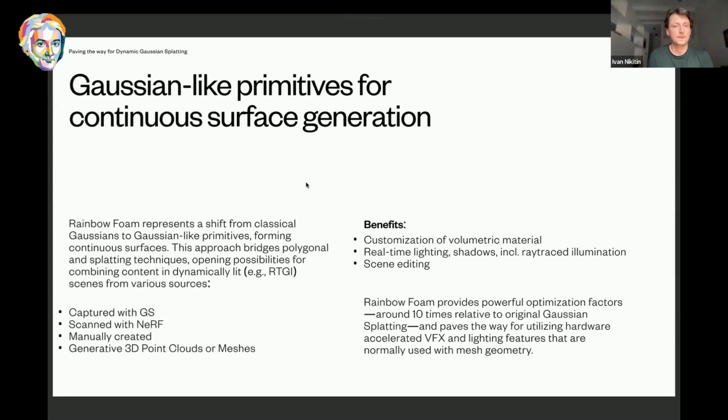So with the rainbow foam, besides the appearance of the hard surfaces and better compression ratio, some of the other benefits that we get: we can much more efficiently combine that with sort of old school graphics techniques. We can apply ray tracing, we can apply ray traced global illumination.